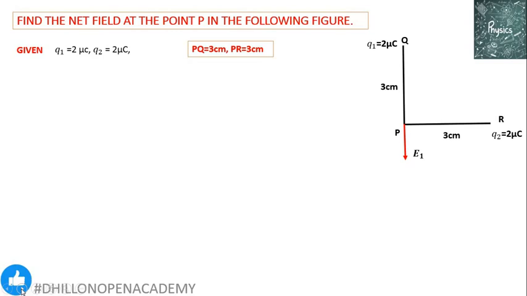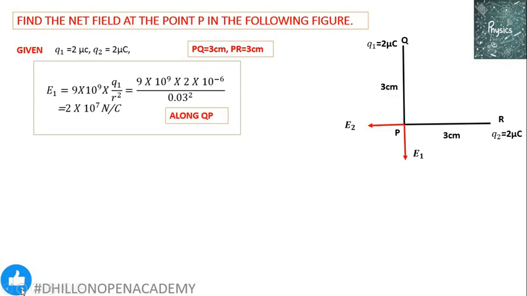Now for the field of R, we neglect Q1 and consider only Q2 and P. Because Q2 and Q0 are again the same in nature, Q2 will also repel Q0 away from it, so the direction of its electric field E2 will be from R to P. The figure clearly indicates both fields are acting at a right angle with respect to each other.